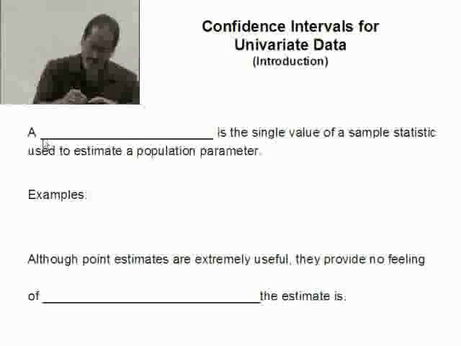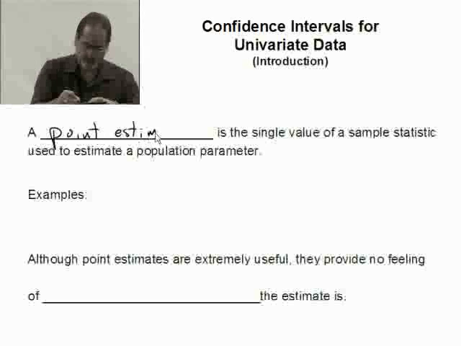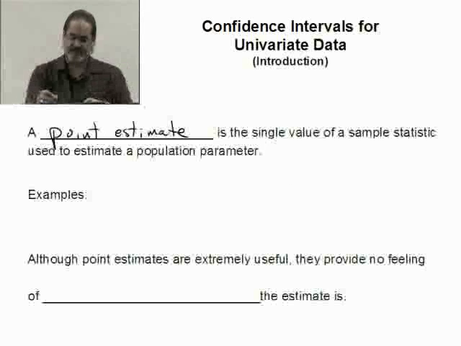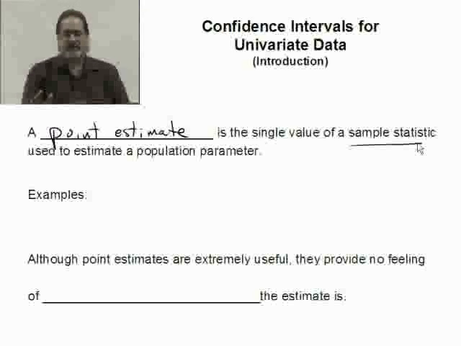A point estimate is the single value of a sample statistic. It's used to estimate a population parameter. This is not a new idea. We've been doing this since day 2 or 3 in the course. But this is the first time we've attached the terminology point estimate.